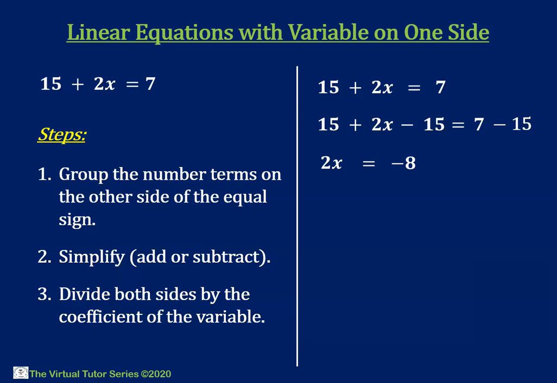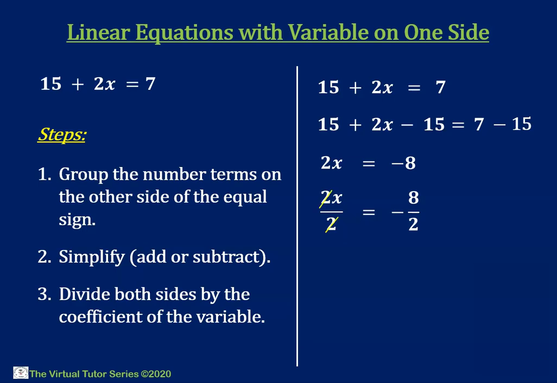The third step is to divide both sides by the coefficient of the variable. The coefficient of x is 2. Therefore, we divide both sides by 2. So we have 2x divided by 2 is equal to negative 8 divided by 2. On the left-hand side, 2 cancels out 2.